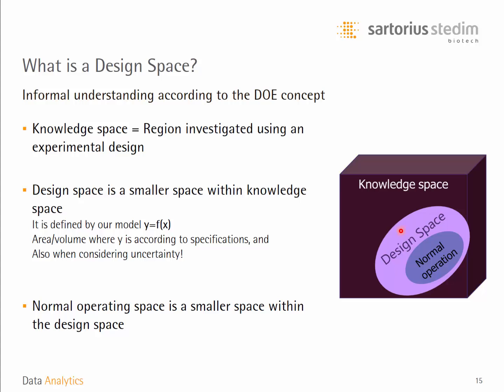The design space is a much smaller volume or area located within the knowledge space, and this can also be a highly irregular volume. This volume is defined by our models, one or more models, and it is the region where the one or more responses are according to specifications, also when considering uncertainty. So there is a very low risk of failing to comply with the specifications for the one or more responses.